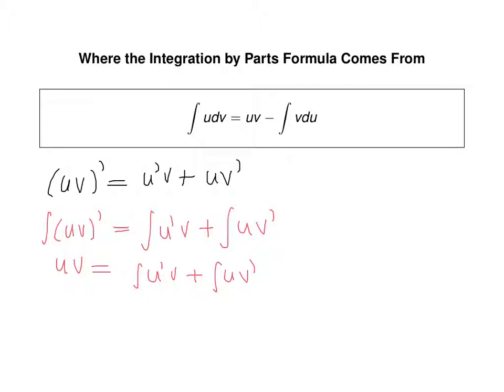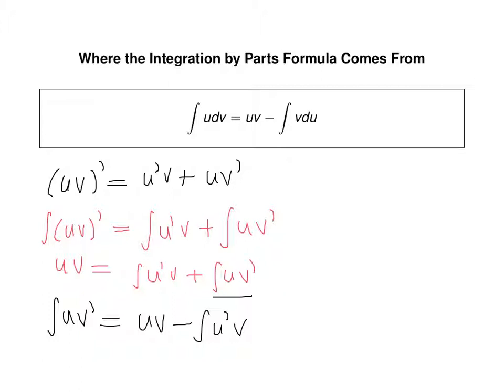Now if we isolate this, we have that the integral of u v prime is equal to uv minus the integral of u prime v.